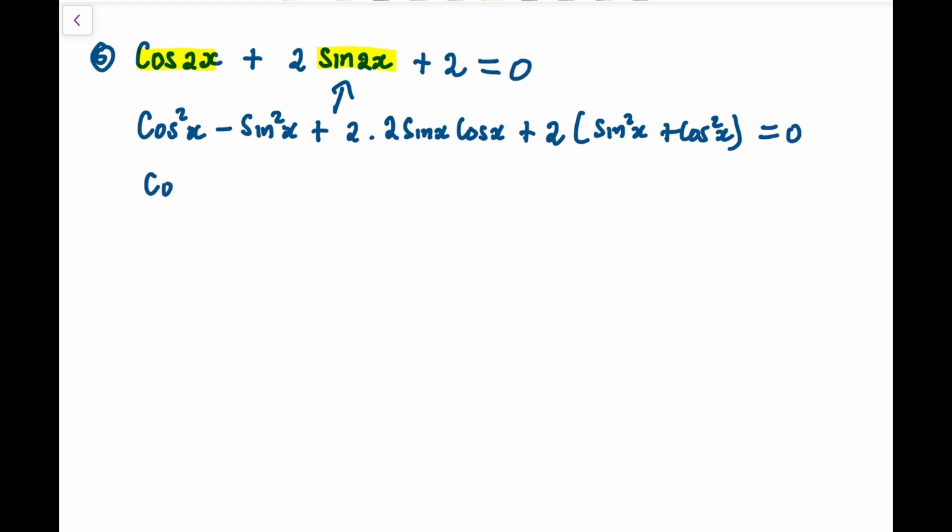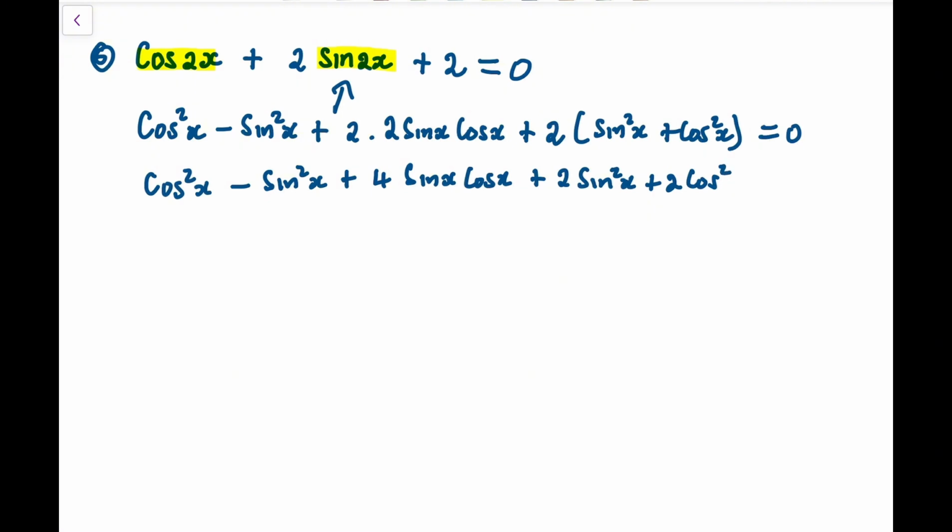So I'm going to have cos squared x minus sine squared x, and then plus, this is the same as 4 sine x cos x. If I remove the bracket, it is plus 2 sine squared x plus 2 cos squared x. It is equal to 0.